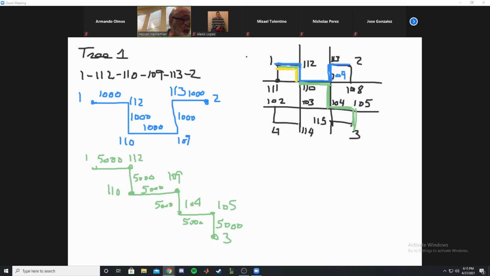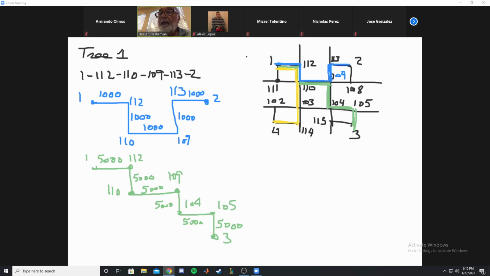And then you go to 103. So you come down here. So 103, you go to 114, you come down here. And then you go to 4. So this is your tree from 1 to 4.